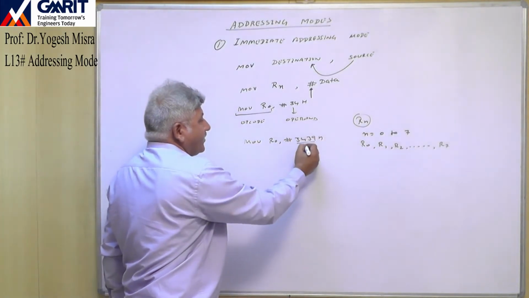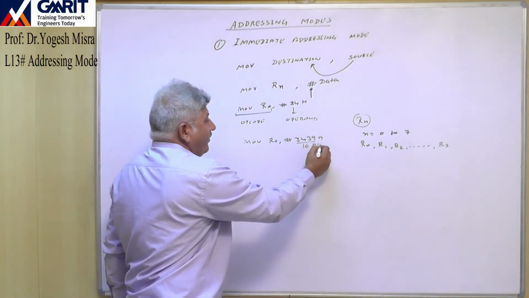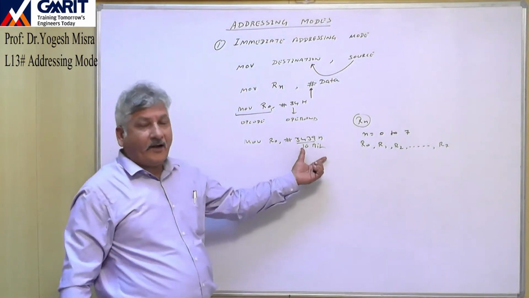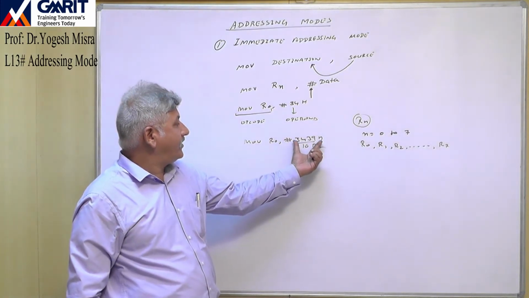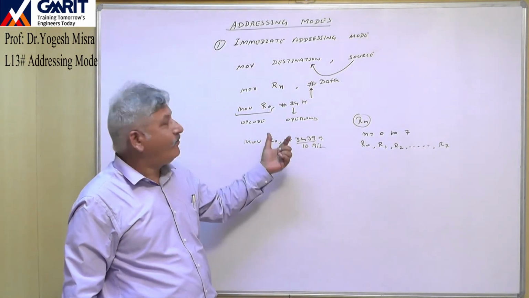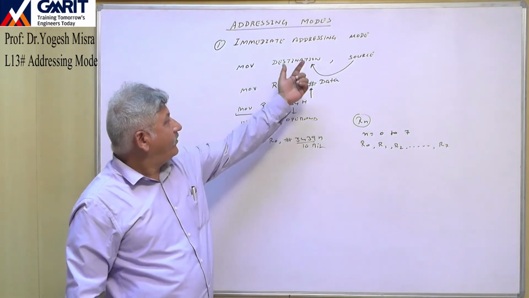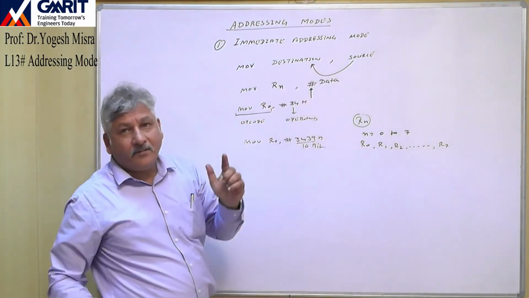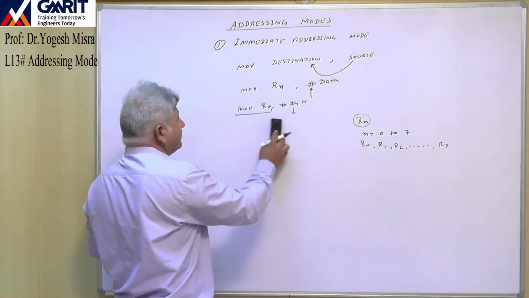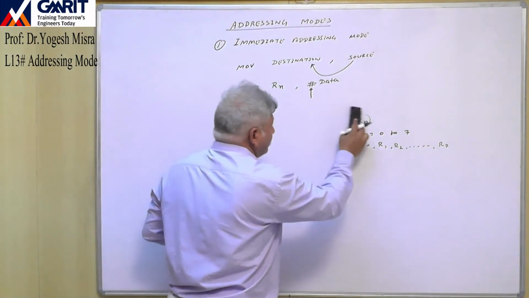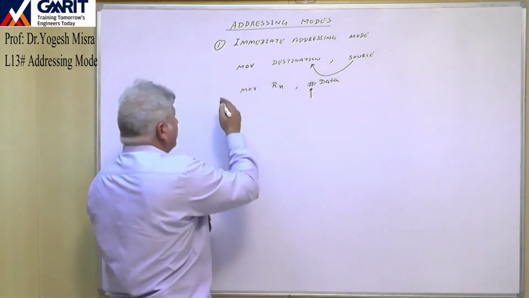This is a 16-bit data, so this will give you an error because you are trying to load a 16-bit number in an 8-bit register. So the size of our source and destination must match.